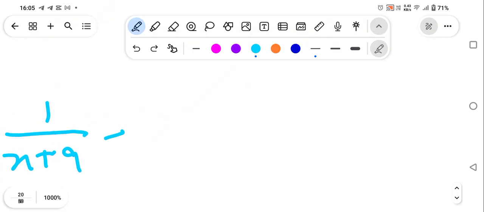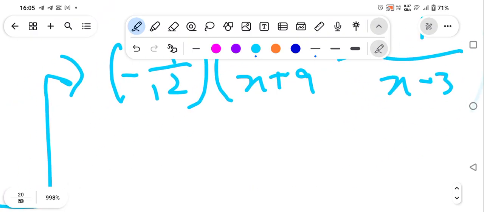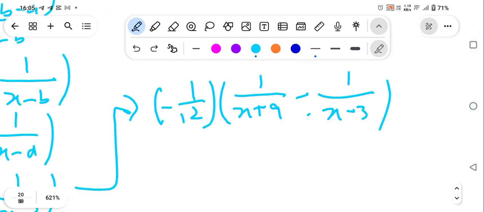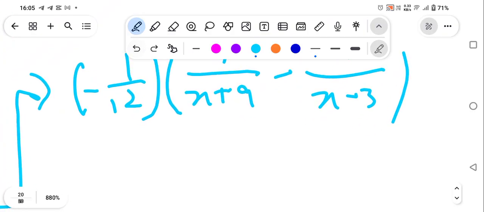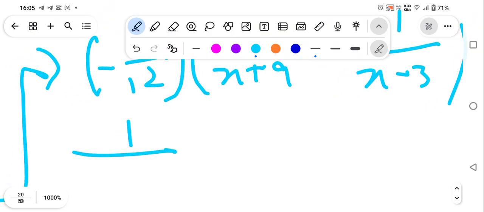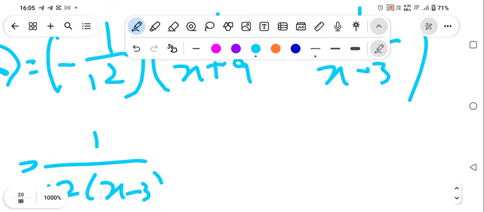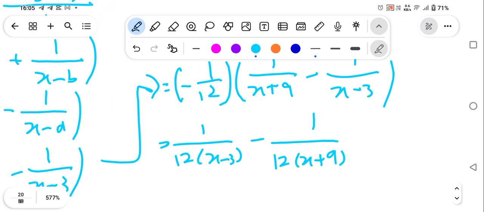So this is minus 1 over x minus 3, and we can flip the order inside, since this negative is going to multiply. So now this will be equal to 1 over 12 times x minus 3 minus 1 over 12 times x plus 9, and this should be correct.